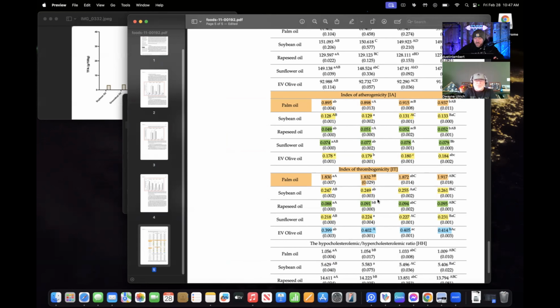The same thing for the thrombogenicity. Rapeseed oil seemed to do the best, and our other oils fared relatively equal to each other. But the saturated fat containing oils, as we look through our studies here, didn't do better.